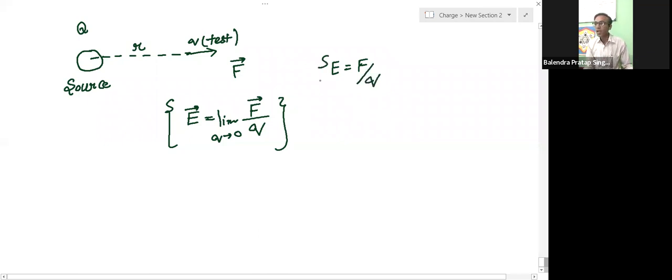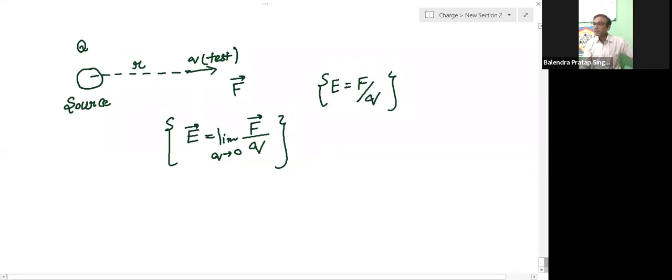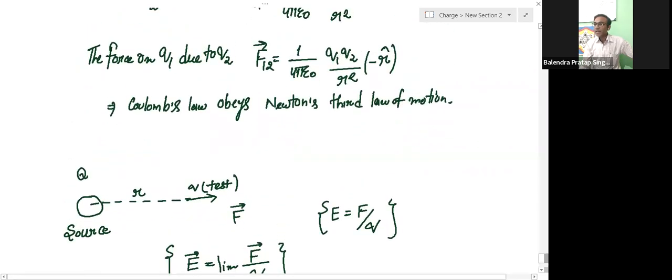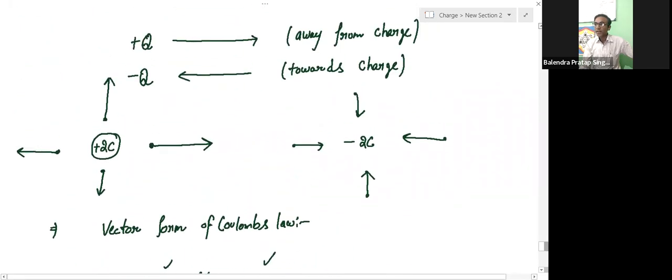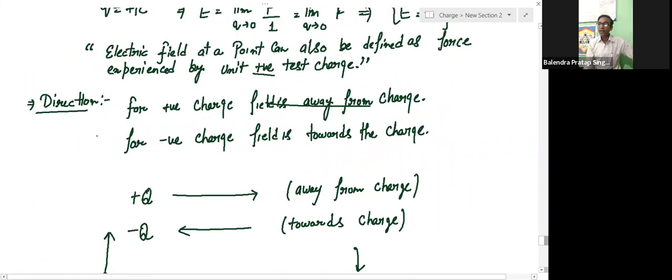Okay, and the direction of electric field, I also discussed that. The direction of electric field is the same as the force. Okay, I think all these points I already discussed in my last class. In my last class I stopped here, where I discussed the directions.